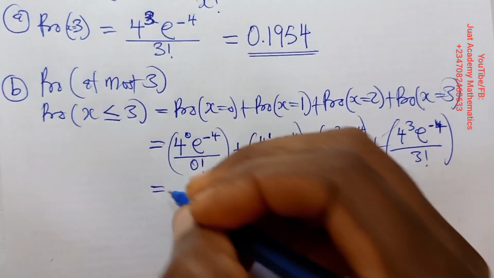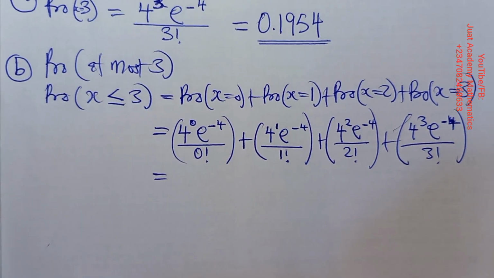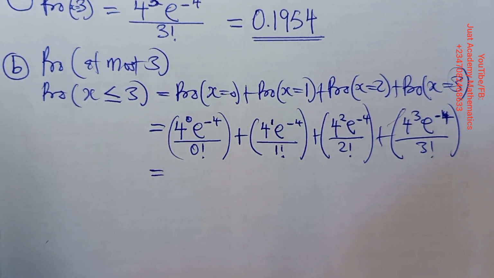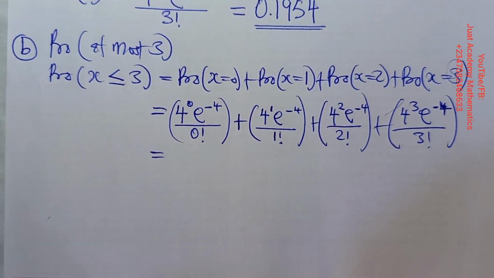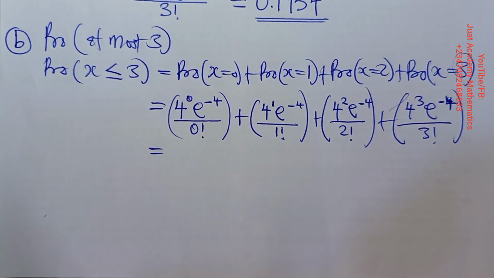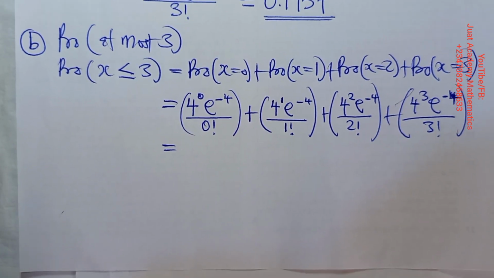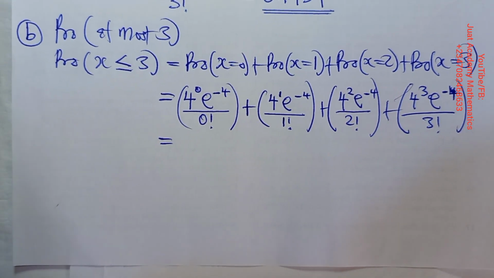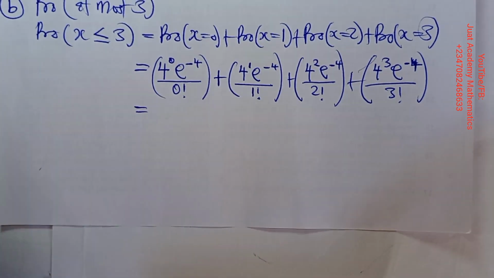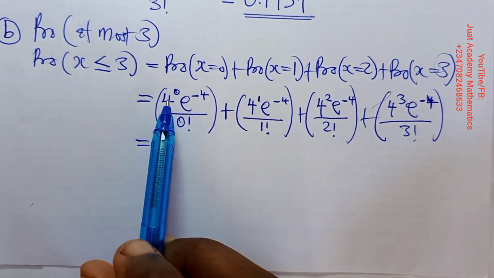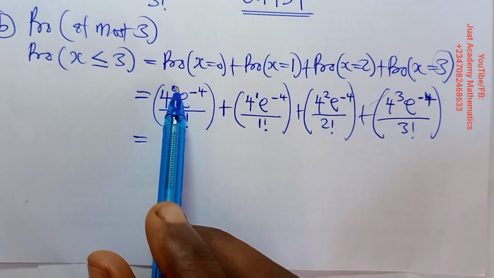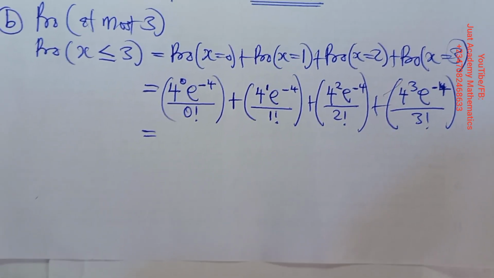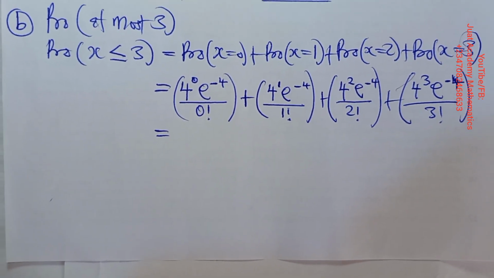So, what is our final answer? We operate each of them. So we have e raised to the power of minus 4 times 4... so let's take it again. I'm making a mistake here. This 4 raised to the power of 0 here is 1, of course, and 0 factorial also means 1.